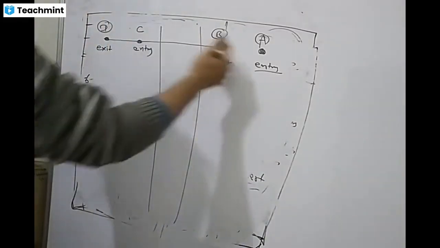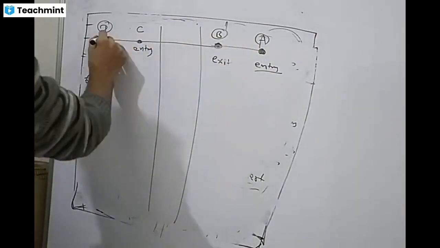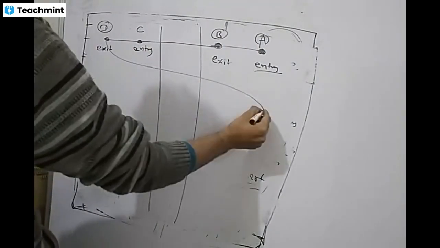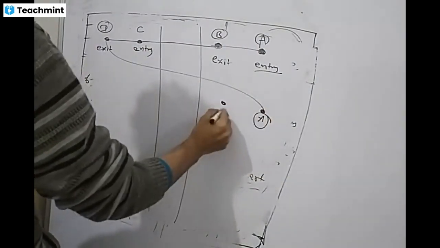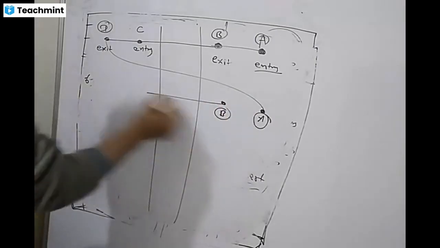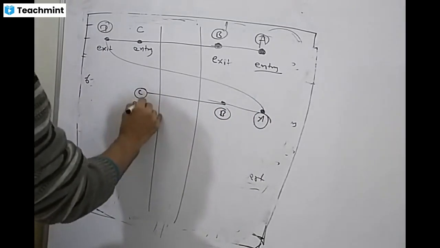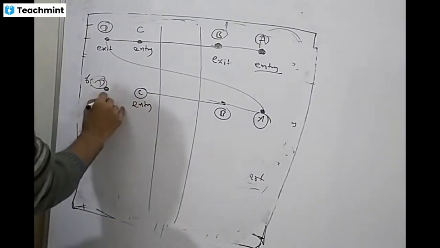In case of Lambert, from A to B, then C, then D. After this, we come to this side. Again point A, entry, B, exit, we cross the line, reach the point C, we enter, and at D, again we exit.